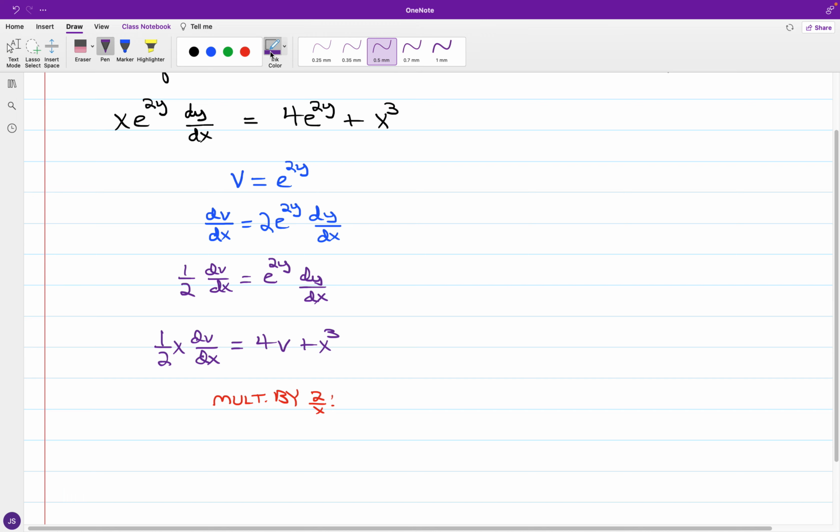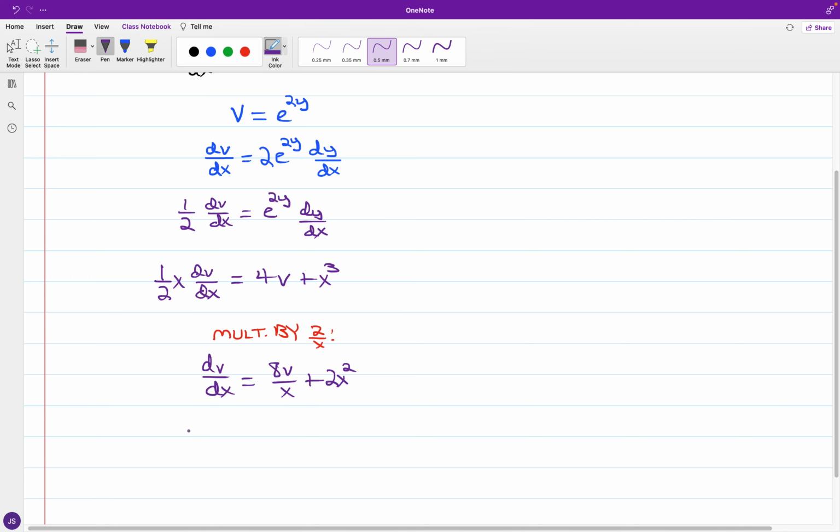So in the rewrite, dv over dx is equal to 8v over x plus 2x squared, and setting this up like a first order linear equation for the substitution variable v, I have dv over dx minus 8 over x times v is equal to 2x squared.